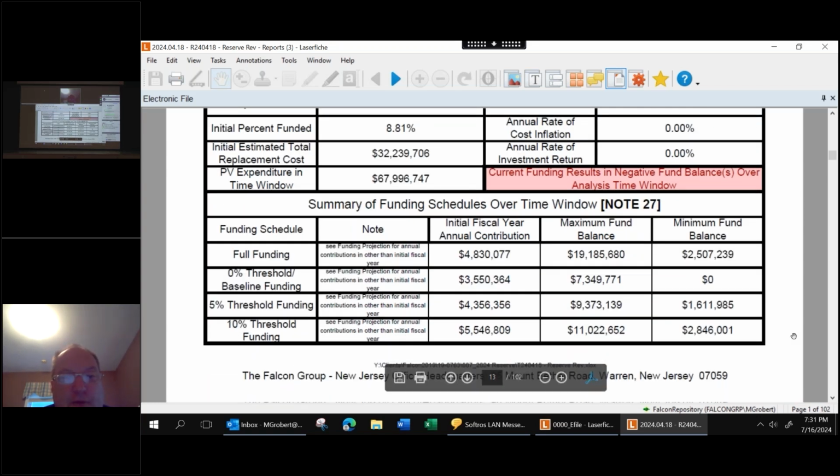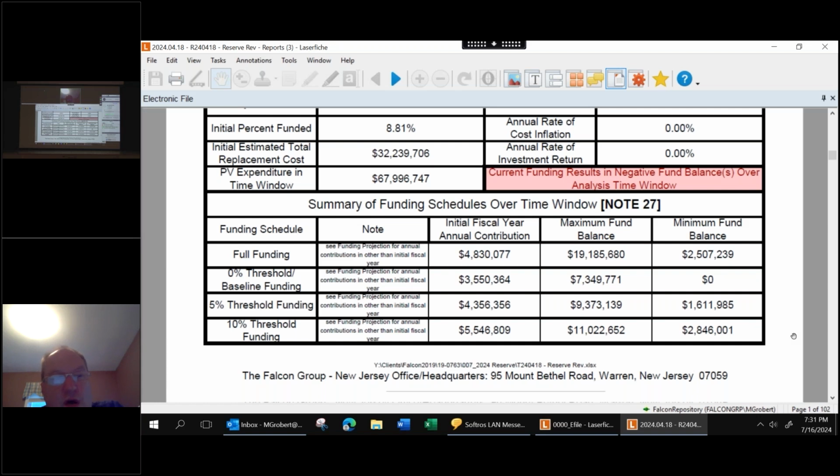So your full funding, that 4.8 million, the calculations are very conservative, and it assumes that you're putting in almost as though you have a separate account for each one of those 256 components. So if you have an item that costs $10,000 to replace with a 10-year useful life, the calculations assume you're putting in $1,000 a year for 10 years for that item, and so forth for each of the 256 items.